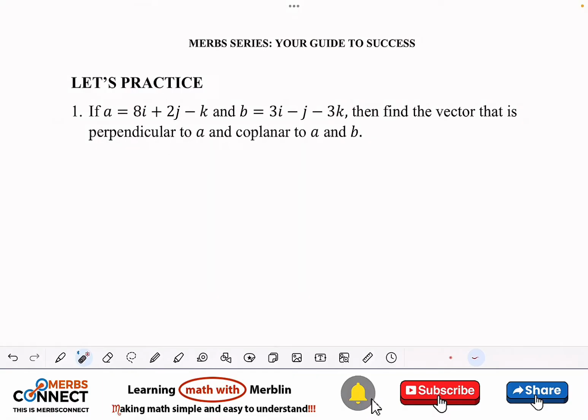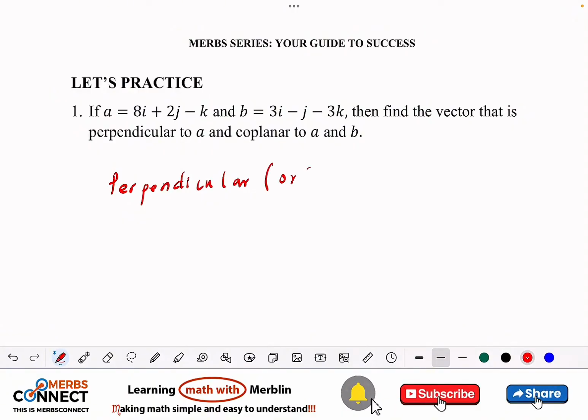Now let's take some examples and practice. Remember, let me just give you some words here. We are talking about perpendicular, and if you don't see perpendicular, you will see orthogonal.